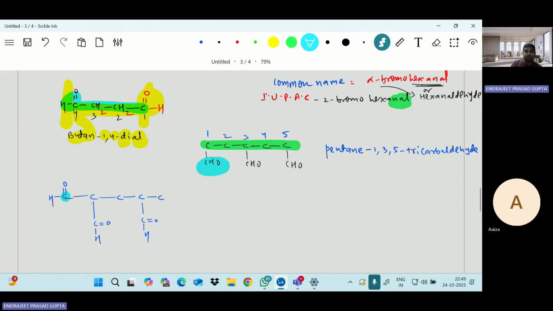So if you are moving from here to this side, or from here to this side, in this case you include only two carbons of aldehyde.